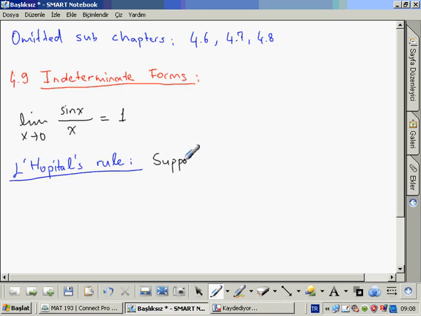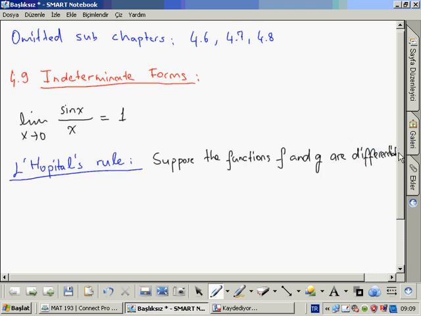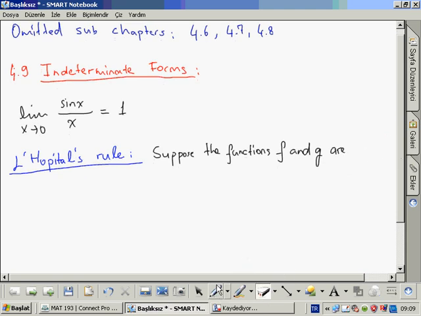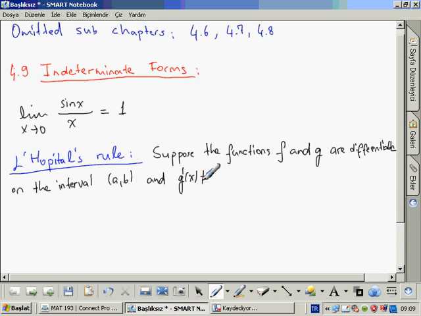Suppose the functions f and g are differentiable along the open interval (a, b), and g prime of x does not equal 0.